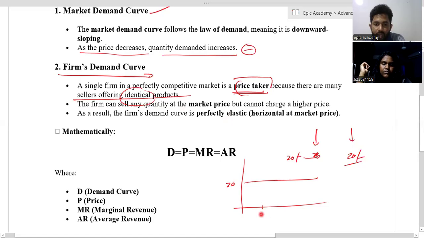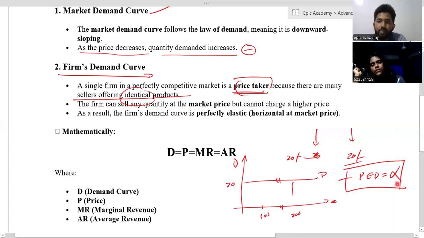You can sell 100 commodities or 200 commodities, any. This is price, this is quantity. So the demand curve is a horizontal line, parallel to the horizontal axis. We call it perfectly elastic. The price elasticity of demand is infinity.